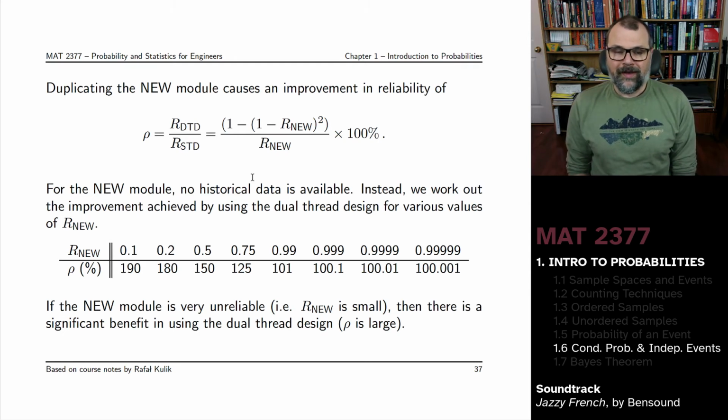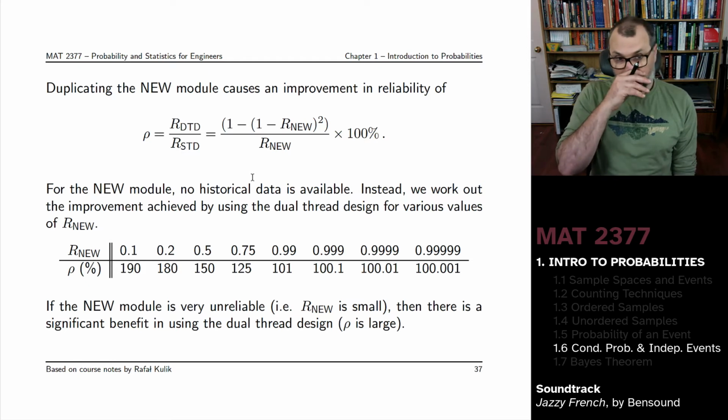Now let's assume that the first component is not very reliable. Perhaps it only works 10% of the time. Then by going to the dual thread, you'd be hugely increasing the reliability of the system as a whole.